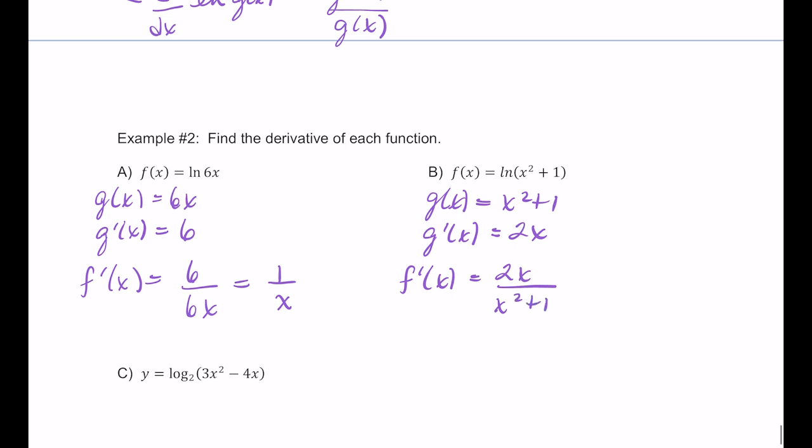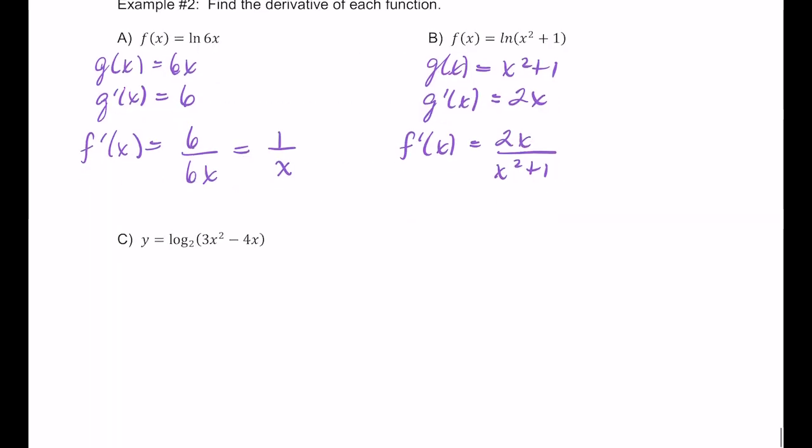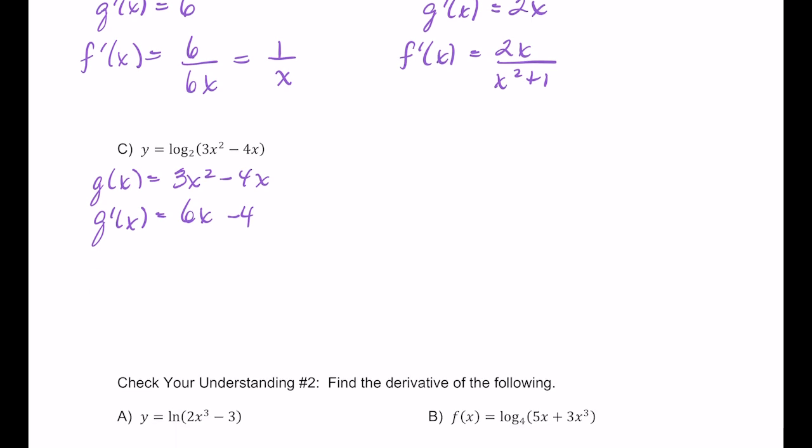Now in letter C, I have a log, so I'm going to need to look at this first formula here. Here I've got g of x, which is 3x squared minus 4x. Using the power rule, g prime of x would just be 6x minus 4. So the derivative of y with respect to x is just going to be 1 divided by the natural log of the base.